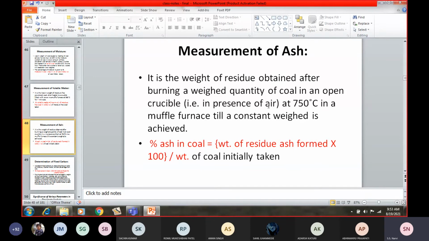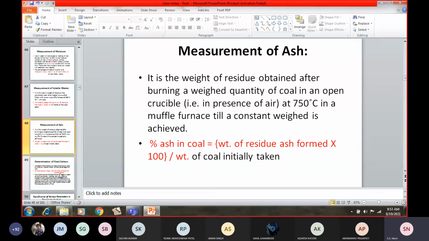We have to repeat it 2 or 3 times so that nothing is left. All black spots go, and then you take it out, and whatever remaining weight is there is because of ash content or non-combustible material. So you take this weight, divide by the weight of coal initially taken and multiply by 100, and you will get the ash content.